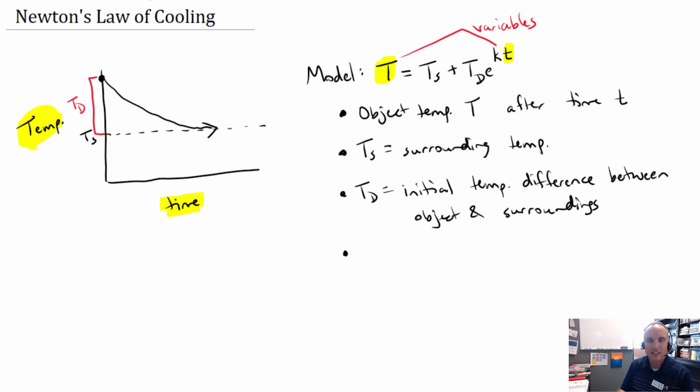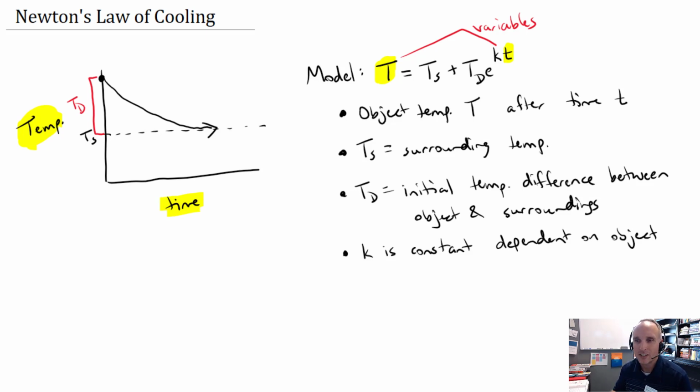And then we've got K, which is a constant. Typically, we don't know it. We typically have to find it, but K is a constant dependent on the object itself. Some objects cool faster than others and have different K values.